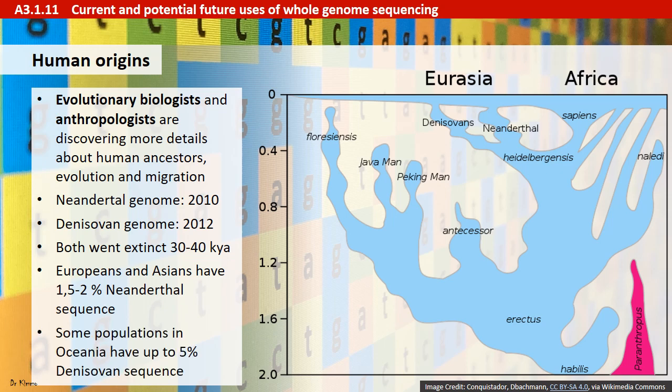Some populations in Oceania have up to 5% Denisovan sequence in their genomes, and this indicates that Neanderthals and Denisovans, which used to be seen as separate species from modern humans, actually interbred with modern humans, and they are now most often considered as members of the same species as modern humans. Neanderthals, for example, are usually classified as Homo sapiens neanderthalensis.